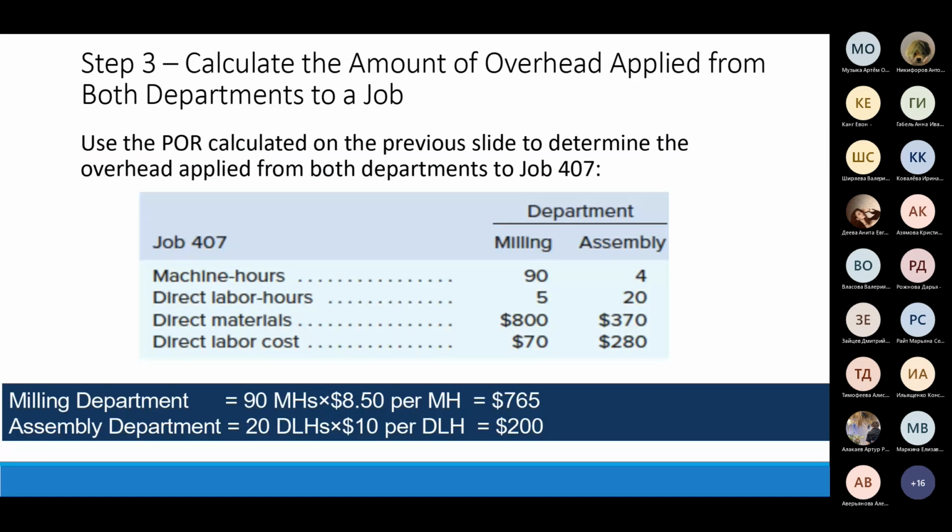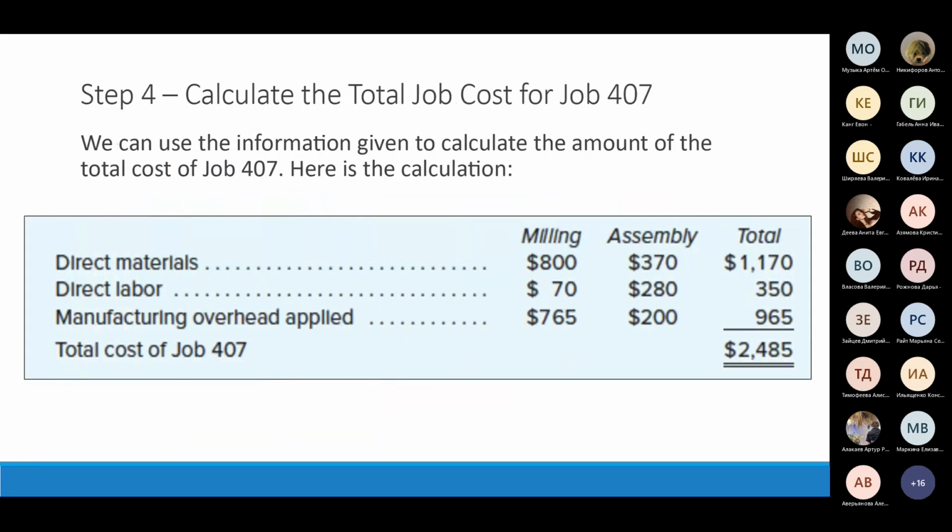Step number 3 is to apply this previously calculated rate to a cost of specific job. So we have to apply this calculated rate to a specified job and calculate the total amount of the cost for each department.